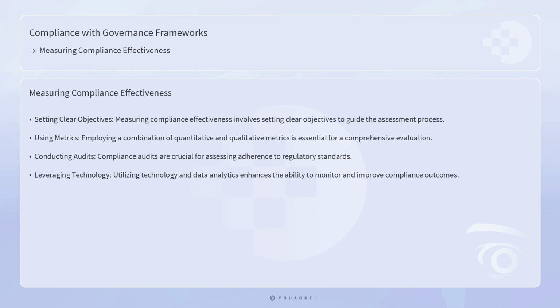By employing these strategies, organizations can gain a comprehensive understanding of their compliance performance, identify areas for improvement, and implement effective measures to enhance compliance outcomes. The insights gained from measuring compliance effectiveness not only help organizations meet regulatory requirements, but also foster a culture of compliance and ethical behavior, ultimately contributing to the organization's long-term success.